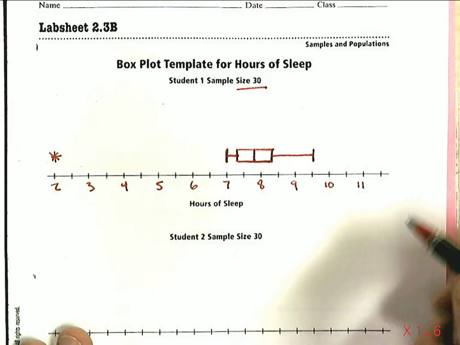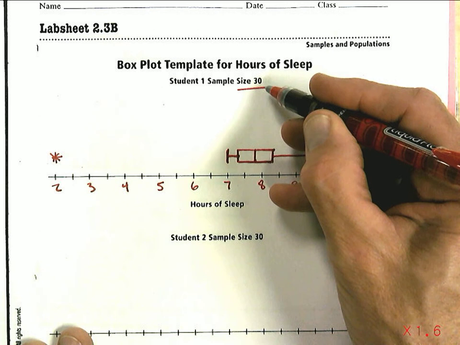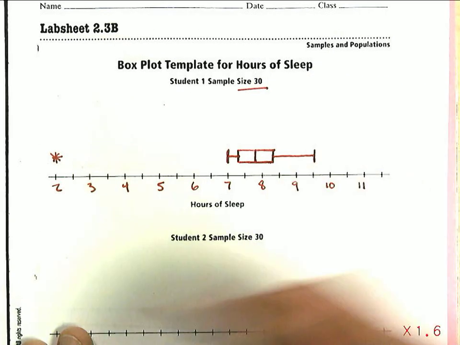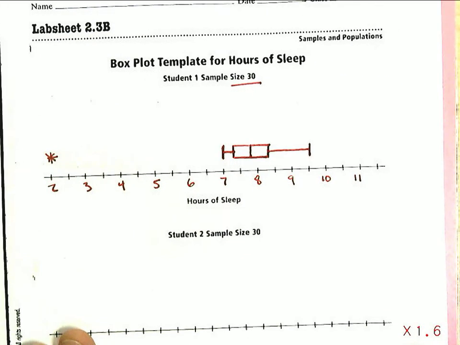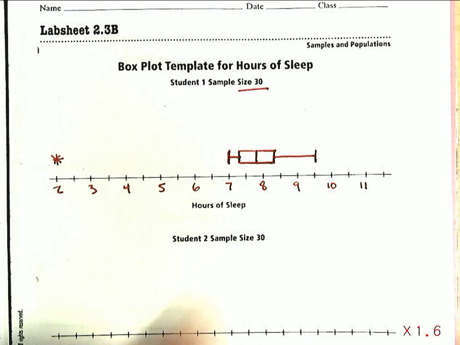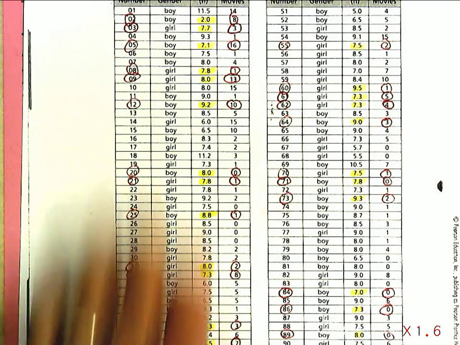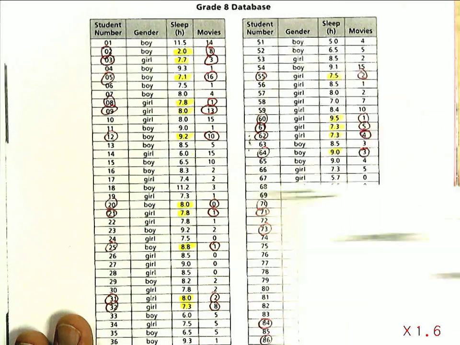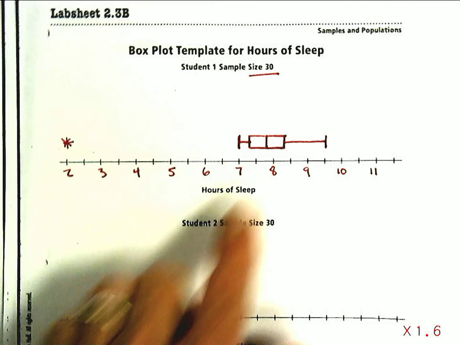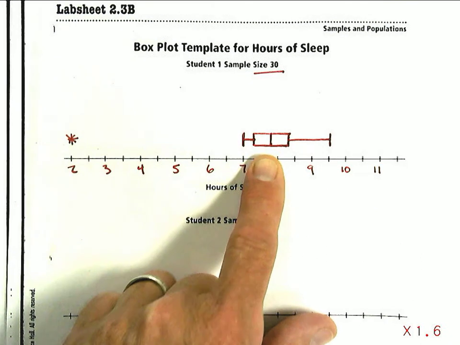And part of the question would be, does that sample of 30 represent the whole group? Could you say that this average, this middle, tells you about all the people on this list, all 100 of them? Do all 100 of them have kind of that same average?